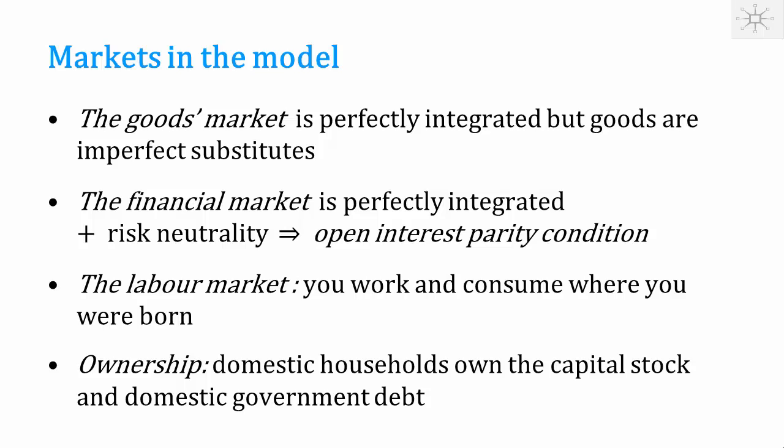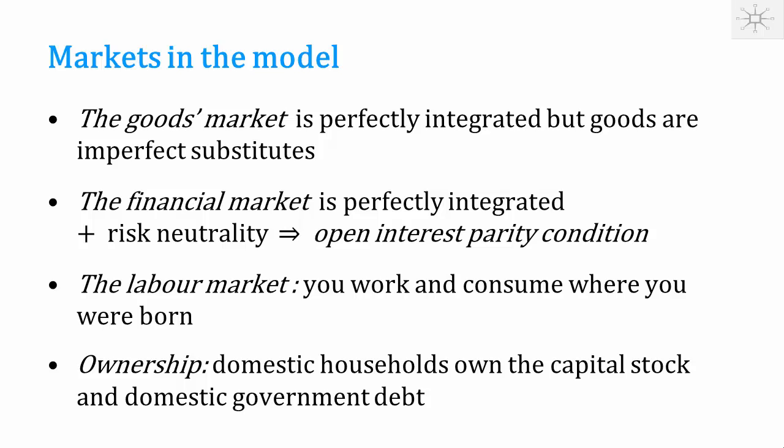So in the macro model, we have the goods market, the financial market, and the labor market. And when we open up the economy, we're going to assume that there's a perfectly integrated goods market, so there are no customs or transport costs, but we assume that the goods produced in different countries are not perfect substitutes.